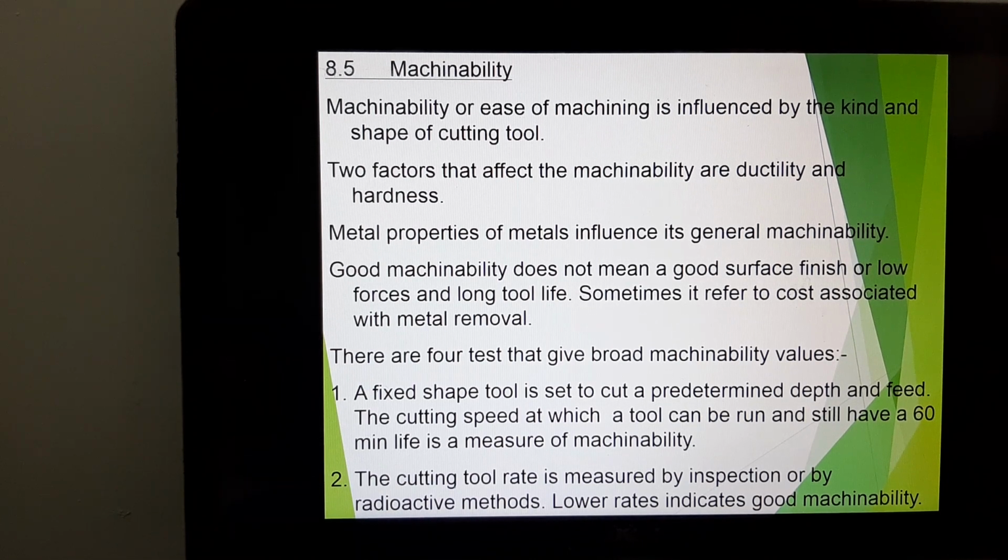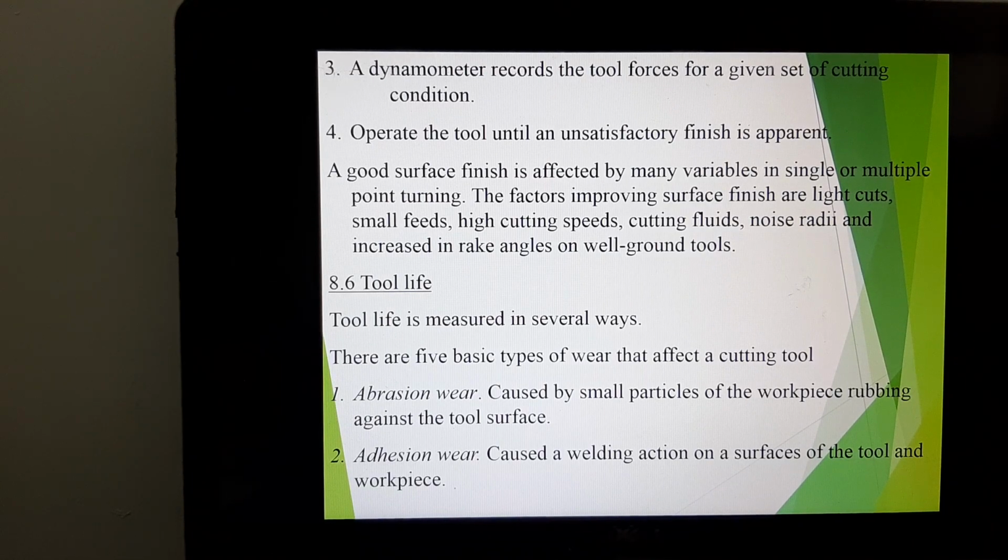Okay. Next, how do you measure the forces that are involved during a cutting process? During the cutting process, as I mentioned, there are several forces involved: you have the shear force, the frictional force, and the normal force.